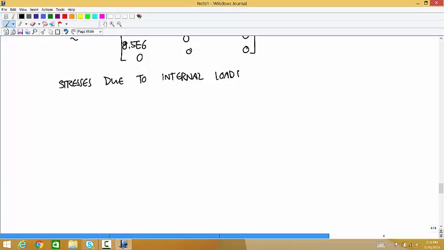And those internal loads aren't just tension and compression anymore. They can be shear force, bending moment, and internal torsion. So far the structures we've dealt with are all trusses, but now we can deal with other kinds of structures.